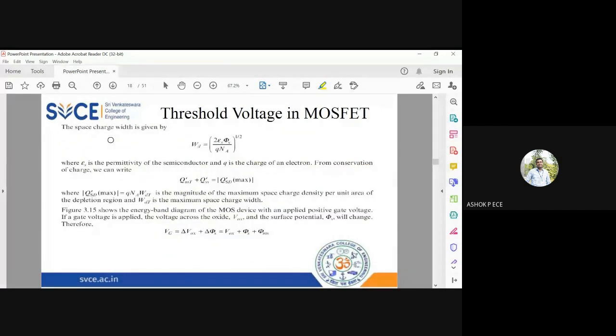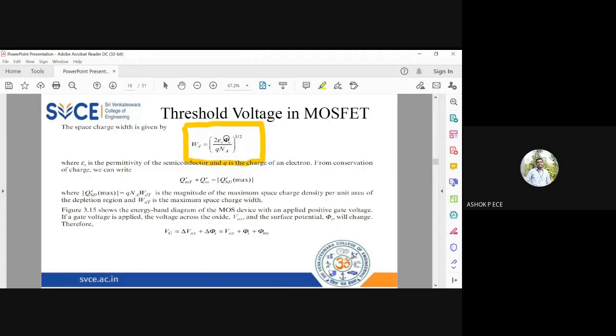This equation, you know, is the space charge width of the PN junction layer. This is given from your PN junction diode. WD equal to 2 epsilon s phi s by q Na. Epsilon s is the permittivity of the semiconductor.